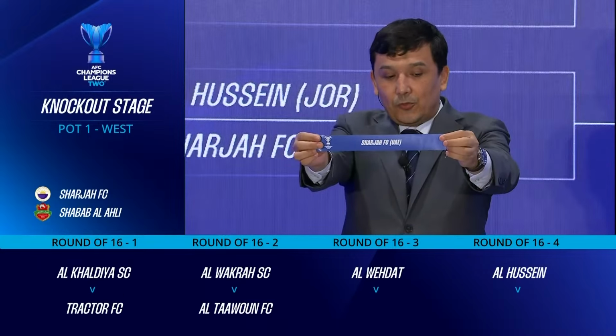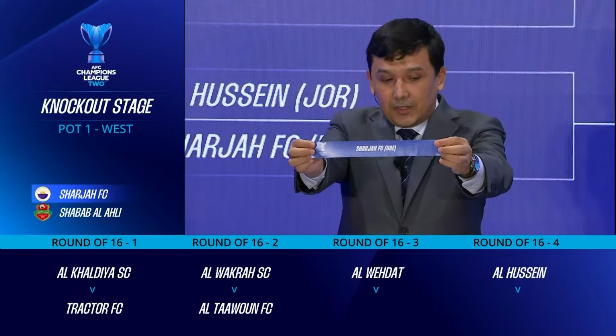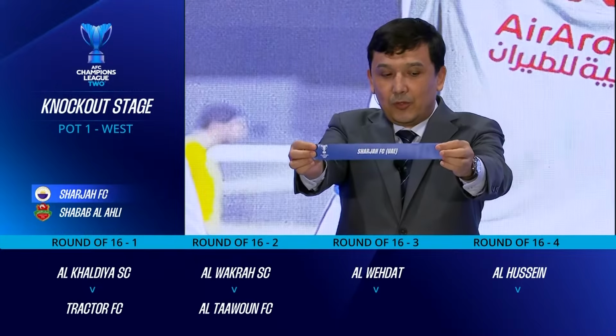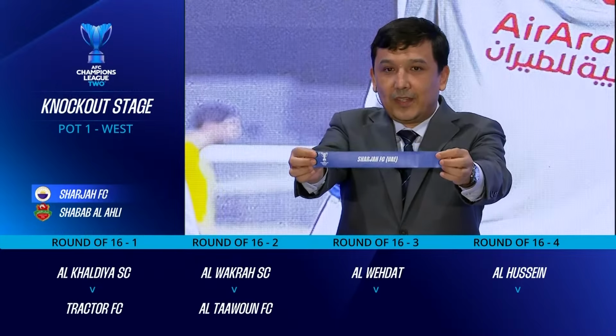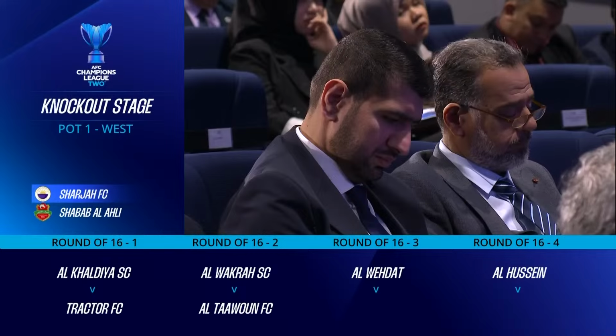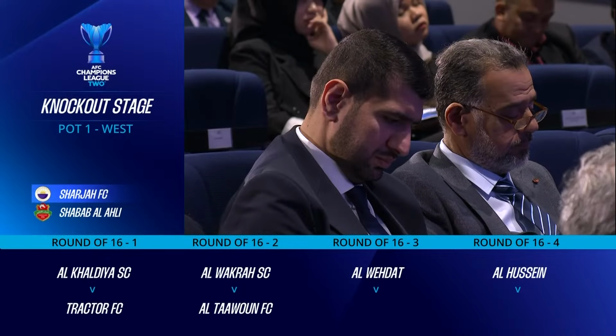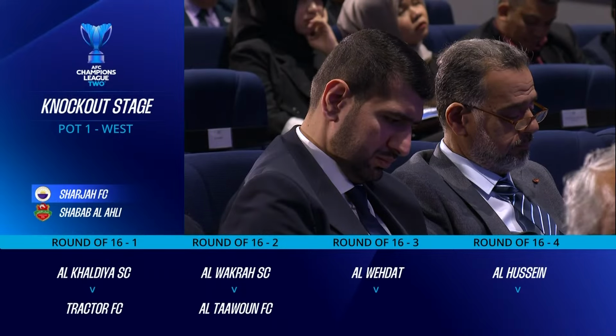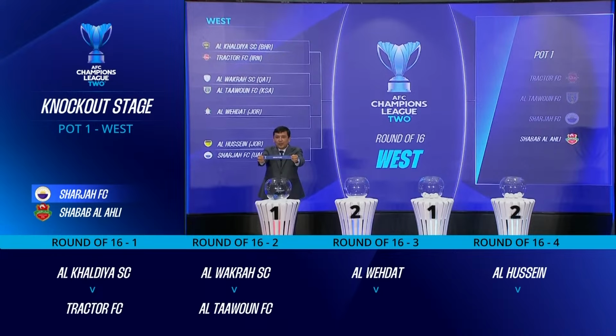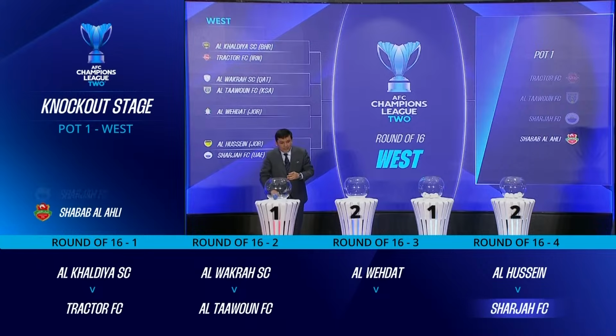They will be drawn with Al Hussein in round of 16 pairing, because during the group stage they were in the same group with the earlier Jordanian club Al Wahdat. So Sharjah, 6-time league winners, fourth position in UAE Pro League in 2023-24 season, will be paired against Al Hussein from Jordan. So group stage protection applied here, and we have the pairing of Al Hussein and Sharjah.